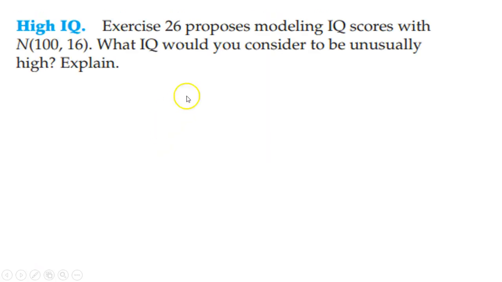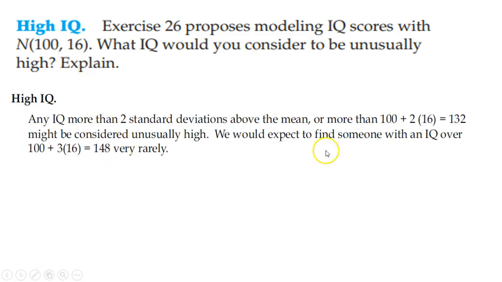Looking at this one again, we're saying that this is normal. We proposed the IQs, and when they list it with it being normal with the mean and standard deviation, what IQs would you consider to be unusual? Again, same idea. Subtract 16, subtract another 16. Anything below 68 would probably be unusual. And take your 100 plus 16 plus 16. Anything above 132 would also be unusual, is basically what they're saying, right?